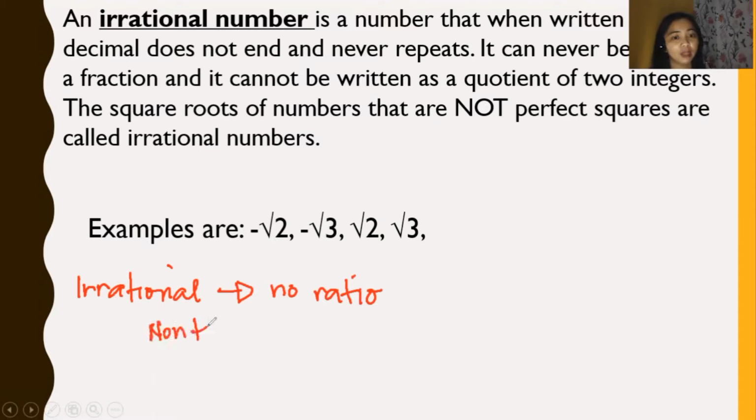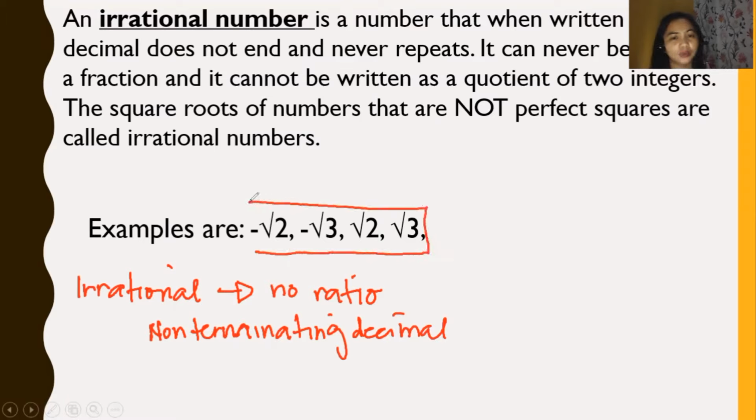Ibig sabihin, hindi natatapos ang decimals. Non-terminating decimal. At ang sabi dito, lahat ng square root na hindi perfect squares, they are called irrational. So ano-ano ba yung perfect square?